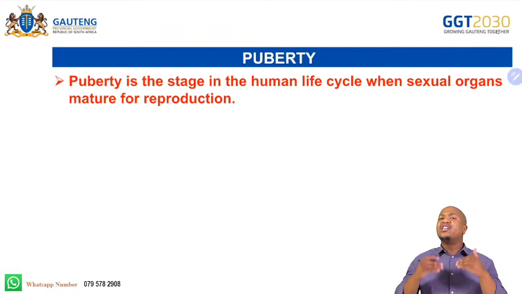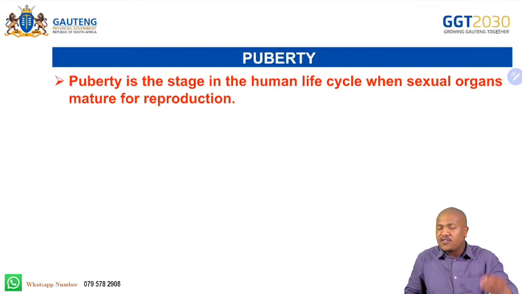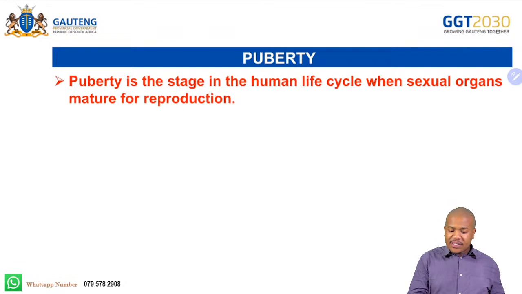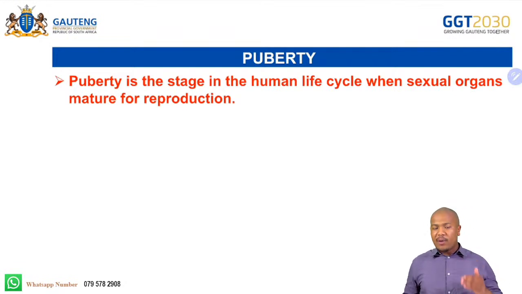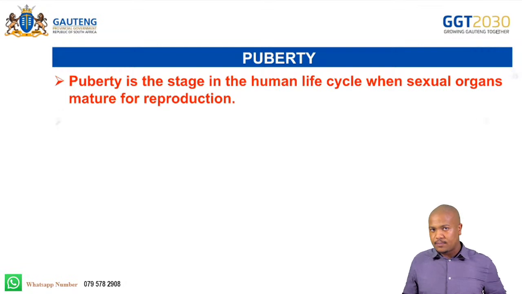So that's why we need to discuss puberty today, so that we understand how come at a certain age you're not able to bring about offspring, and how come at a certain age you develop certain changes in your body. This is all because of puberty. Sexual organs prepare before being able to reproduce.